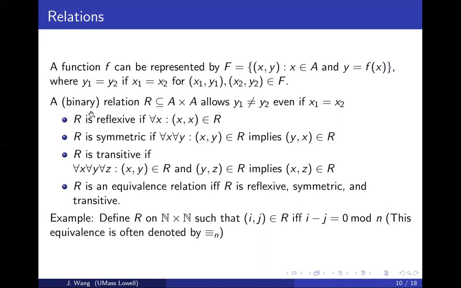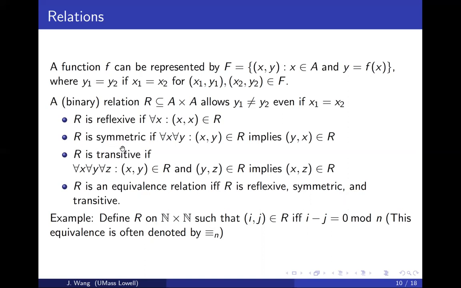So a binary relation R is a subset of the Cartesian product of A, and it allows y1 not equal to y2, even if x1 is equal to x2. And then we can define a relation. Then we say a relation is reflexive if for all x, x and itself is related.